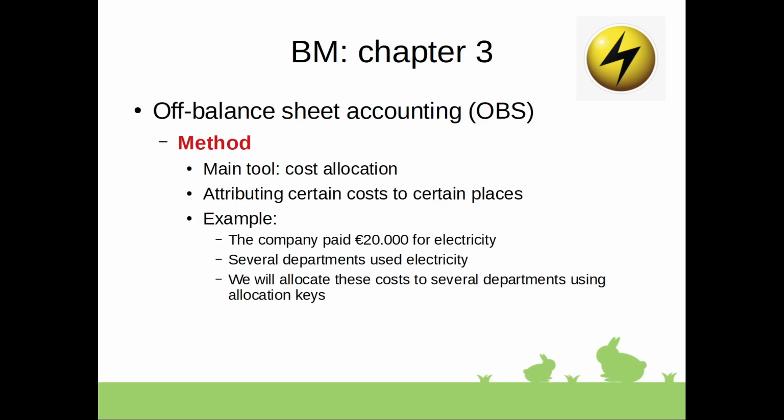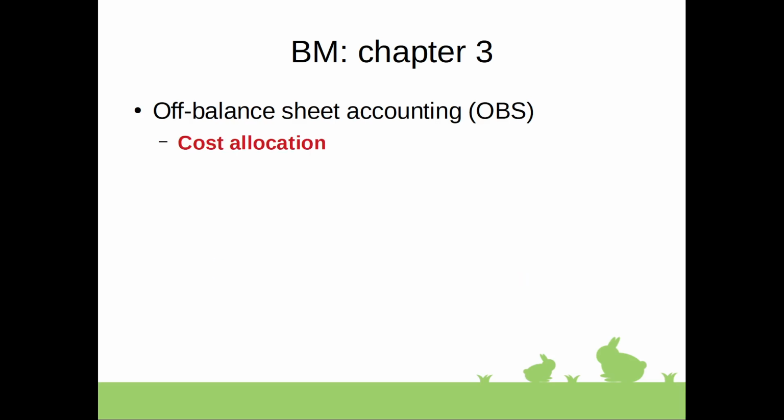This is how we will deal with this problem. Now, in Dutch, we call this a kostenverdeelstaat or KVS. We just call it cost allocation in English. I've looked at several possibilities for a better name, but the best thing I could find was cost allocation.